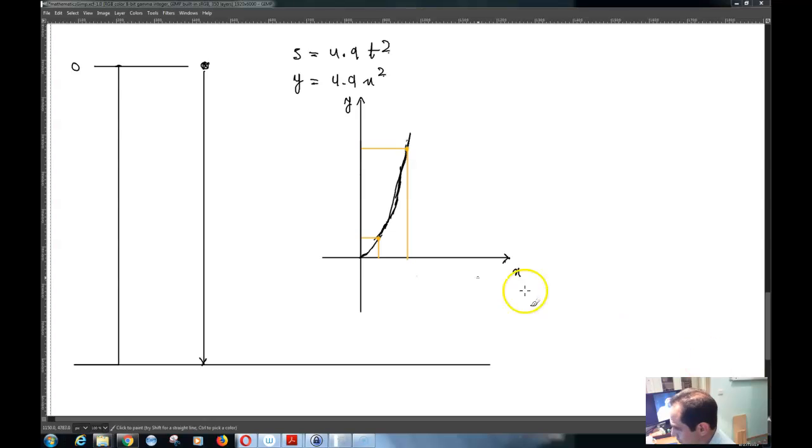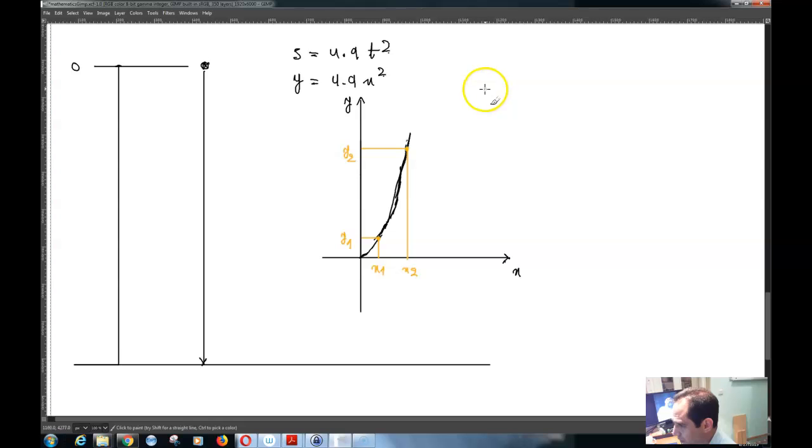Now you can call this x1, you can call this x2. This is time. As time goes by, the position of the stone is changing from this 0 point, it keeps increasing and increasing and increasing, as you can see on the graph of this function. So now if I call this y2, and I call this y1, we said that the average velocity of that stone between x1 and x2 was the change in the position with respect to the change in the time.